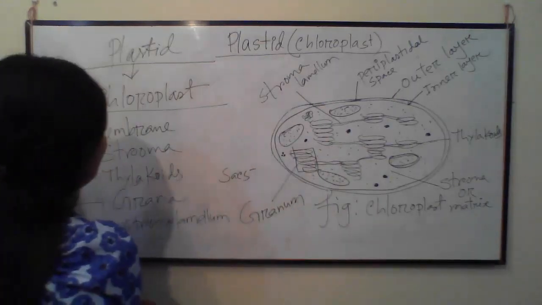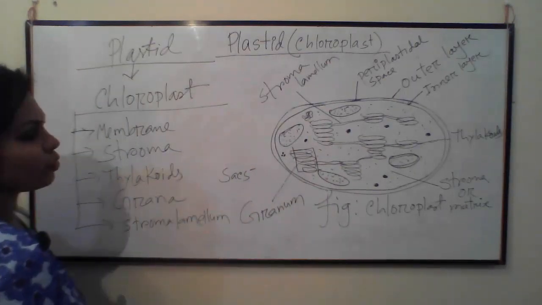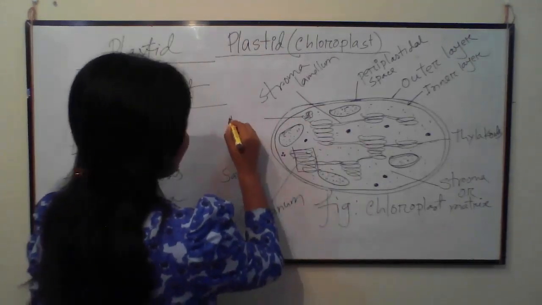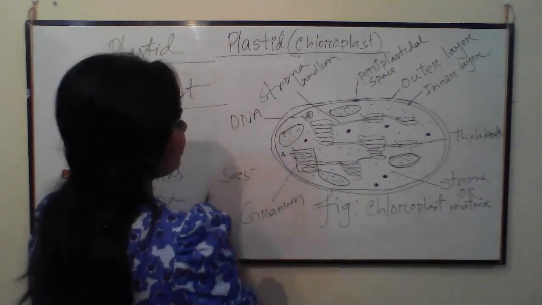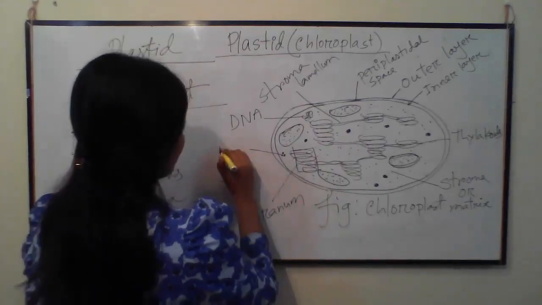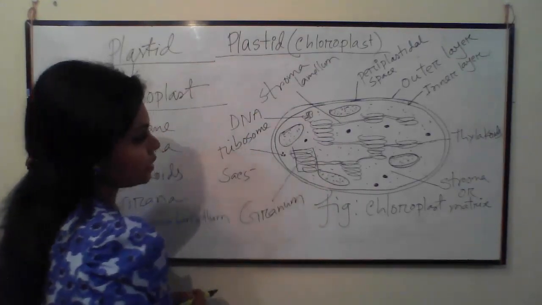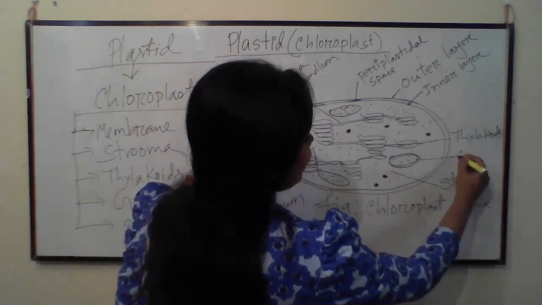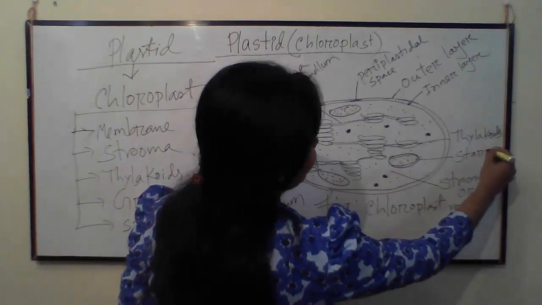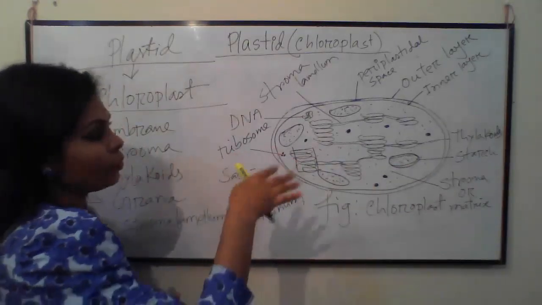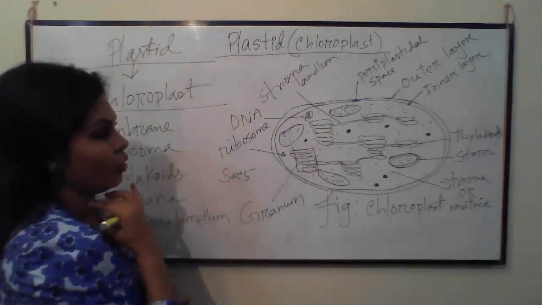In the chloroplast there is also a DNA loop, some ribosomes, and starch. Maybe now the question comes why.